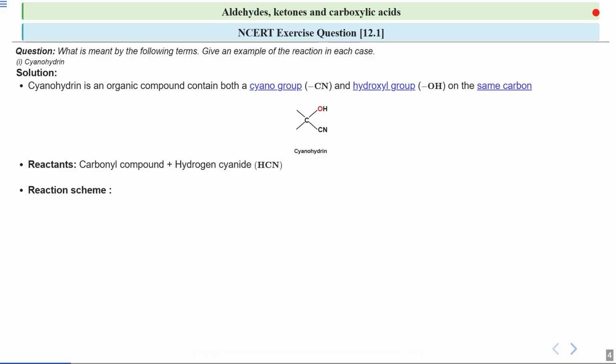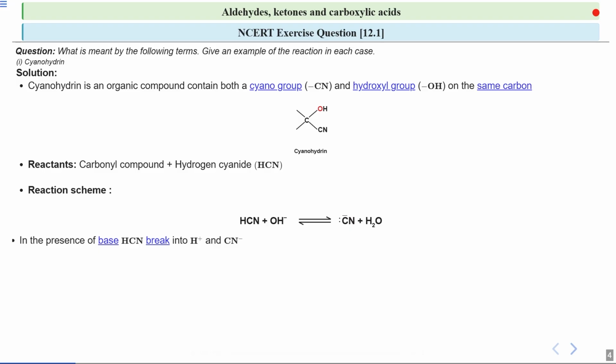This will show the step-by-step process of how a carbonyl compound reacts with hydrogen cyanide to form cyanohydrin. Here you will see hydrogen cyanide, which is HCN. It reacts with a base and it forms cyanide ions and water. Okay, so you see over here that this reaction is a reversible reaction.